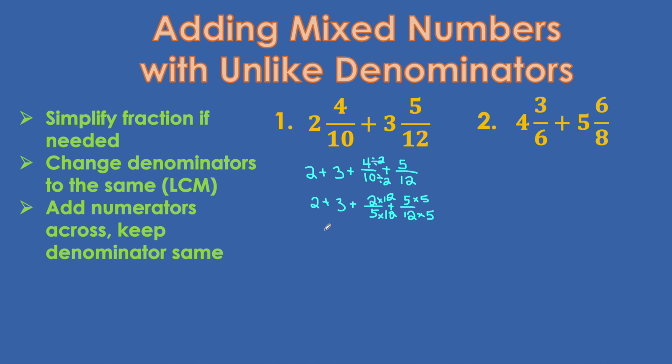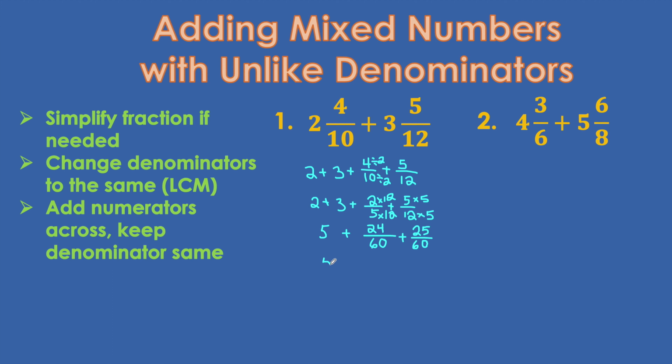Now we're just going to evaluate. Let's put these numbers together. So 2 plus 3 is 5, plus 2 times 12 is 24, 5 times 12 is 60, plus 5 times 5 is 25, 12 times 5 is 60.